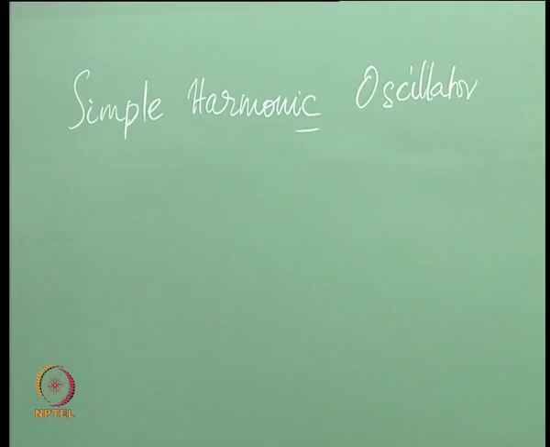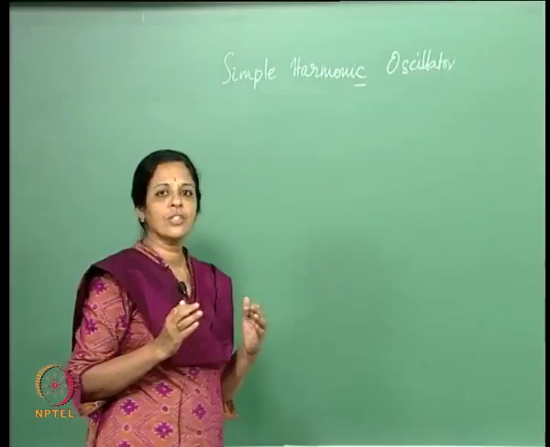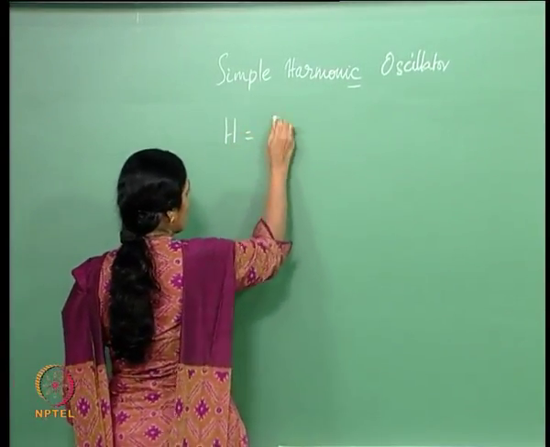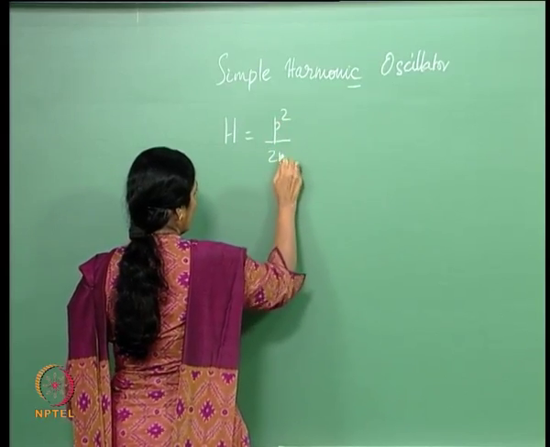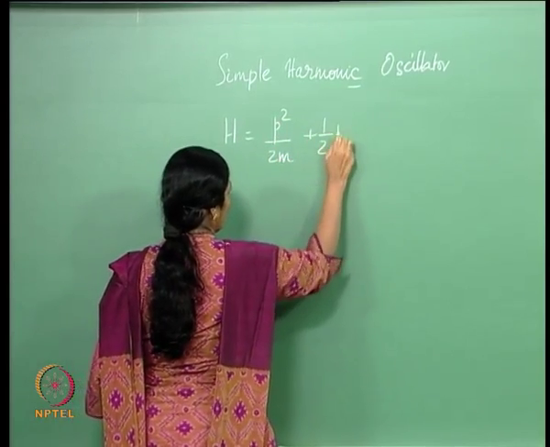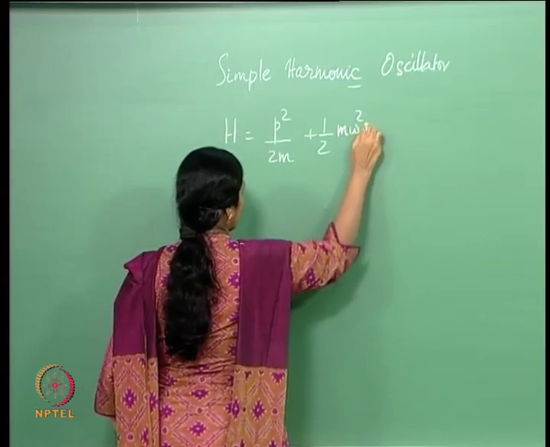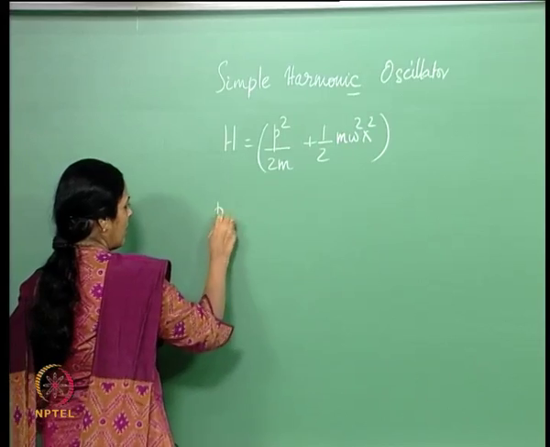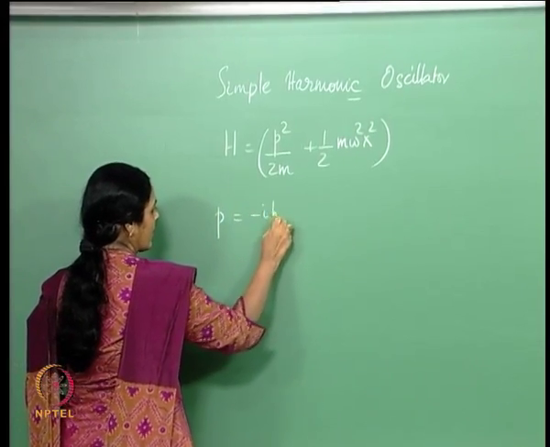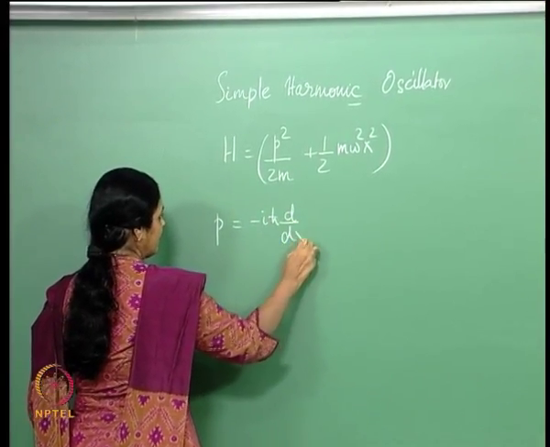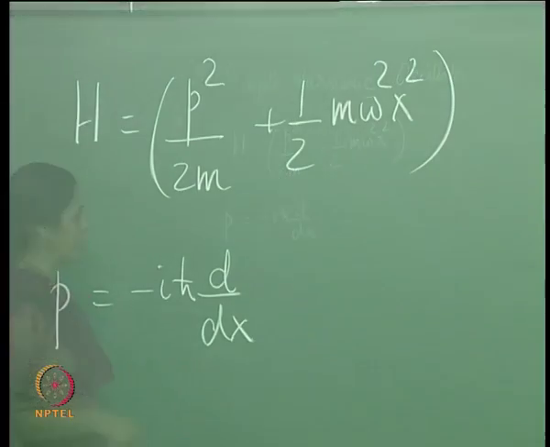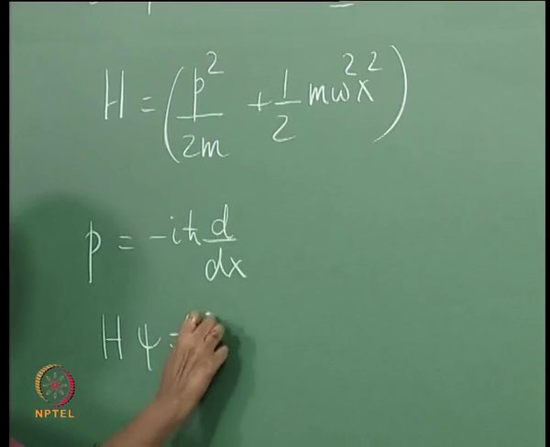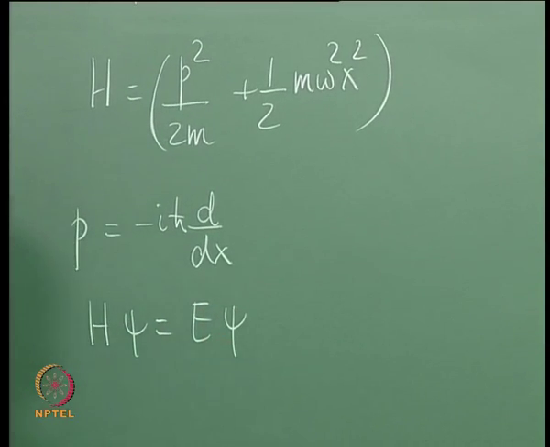And we realized that the equation to be solved, given the Hamiltonian H, is p squared by 2m plus half m omega squared x squared. This is the Hamiltonian, and p is to be written as minus i h cross d by dx in the position representation. The equation itself is H psi is equal to E psi.